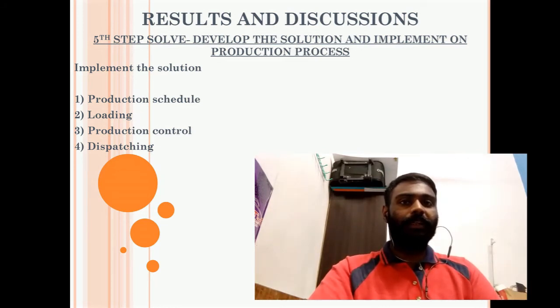The third is beginning of work on each operation, and the fourth is recording of time and cost involved in each operation, and lastly is movement of work from one operation to another in accordance with the route sheet. And lastly is supervision of work.